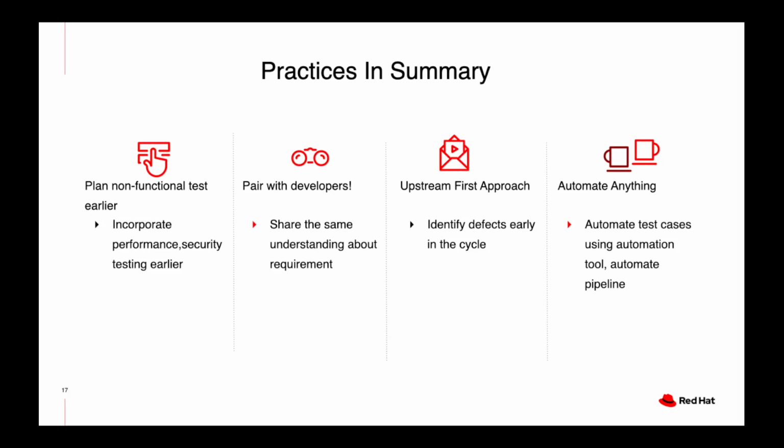Upstream first approach. Particular to Libvirt QE, we find issues or defects in upstream code, and we also pull multiple cases to be executed upstream. The final practice is automate anything.